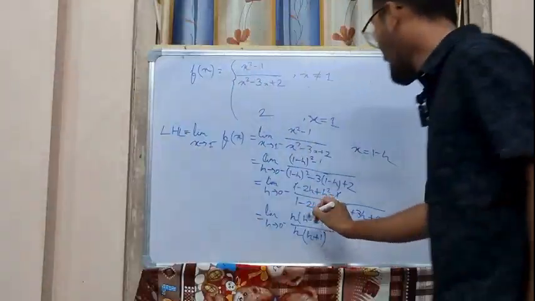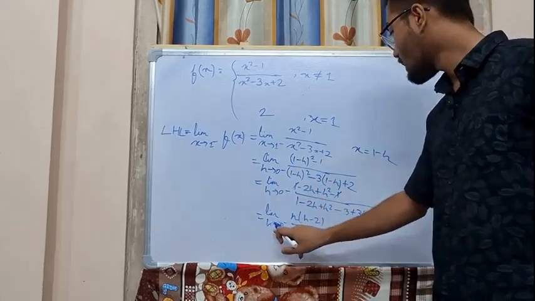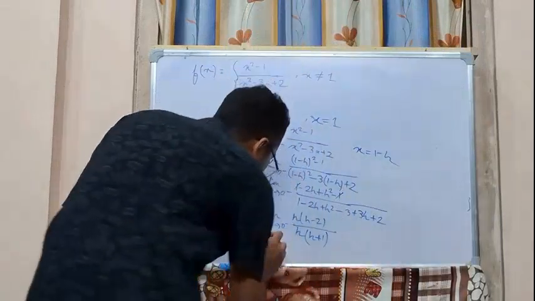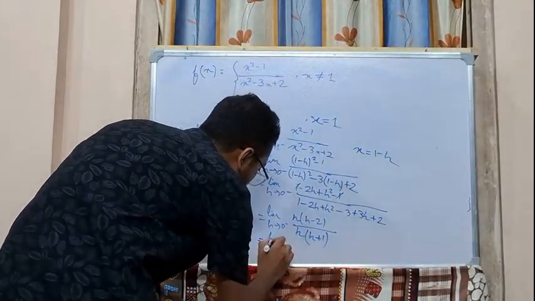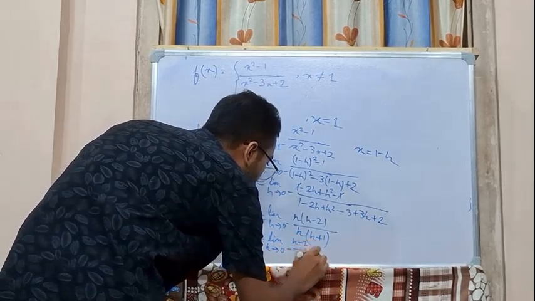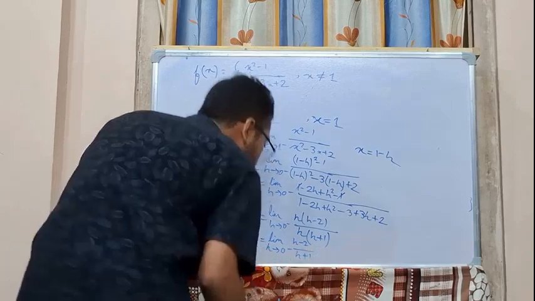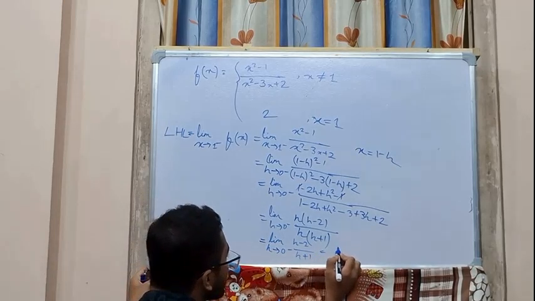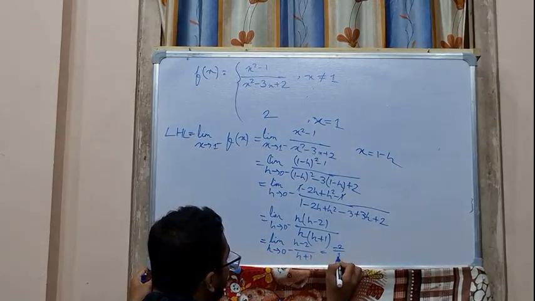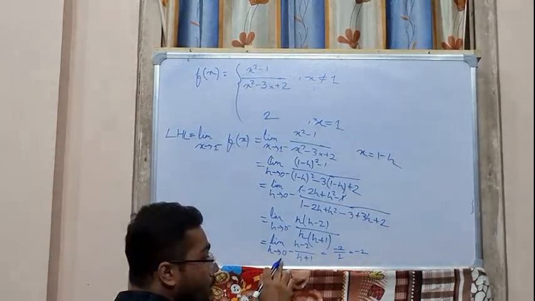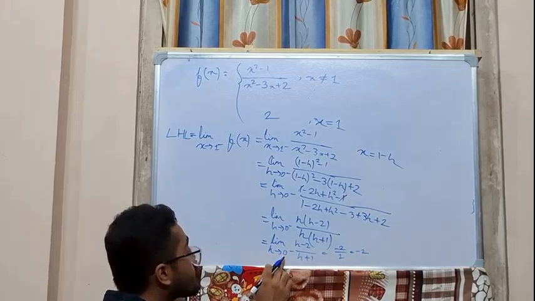We can cancel out the h. Why? As h is not exactly 0, very close to 0, that is limit h tending to 0 minus (h minus 2) by (h plus 1). We can write it as minus 2 by 1 is equal to minus 2. Why? We are putting the value of h as 0.